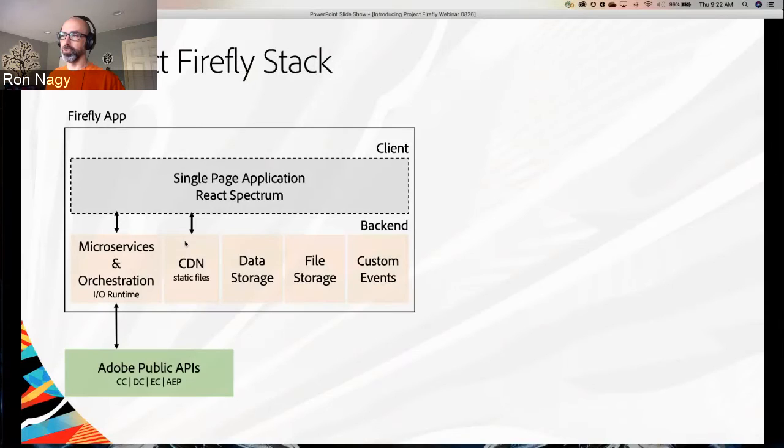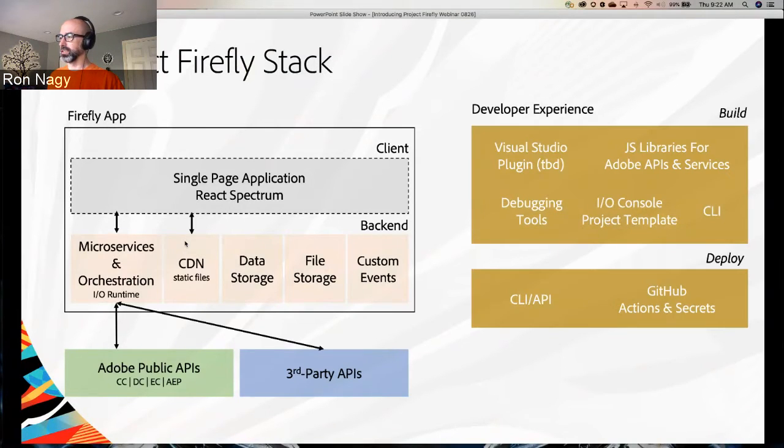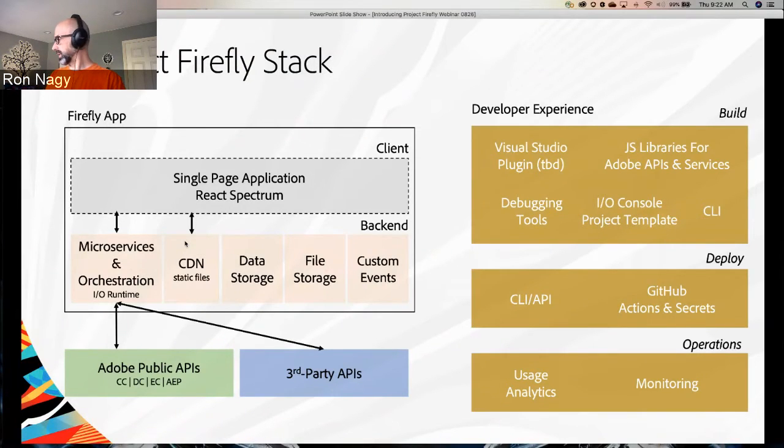Let me quickly go through the Project Firefly stack. I forgot this is a build, so I will build this out, and hopefully it'll be showing up in a second here. But the anatomy of a Firefly app is a single page application, leveraging React Spectrum on the client side. On the back end, key amongst it is certainly IO Runtime.